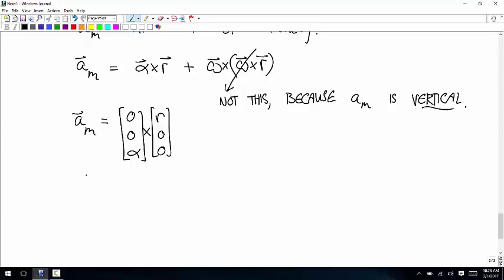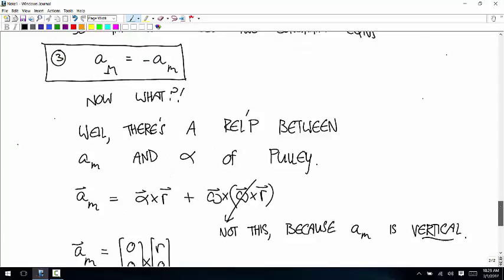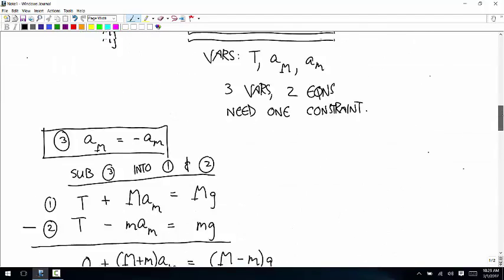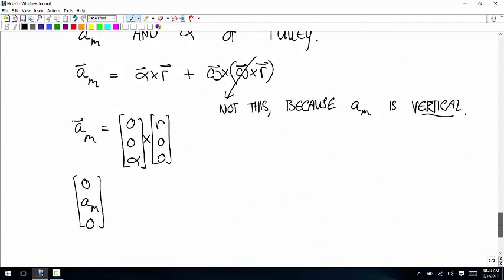And so that tells us 0, a sub m, 0, equals, if you take that cross product, 0, r alpha, 0.